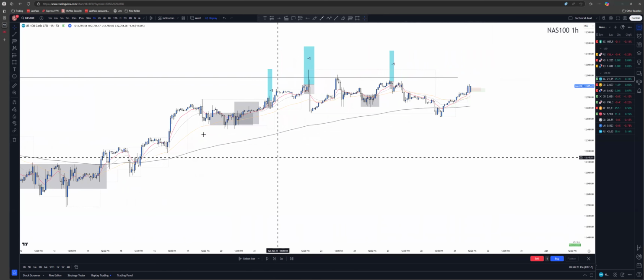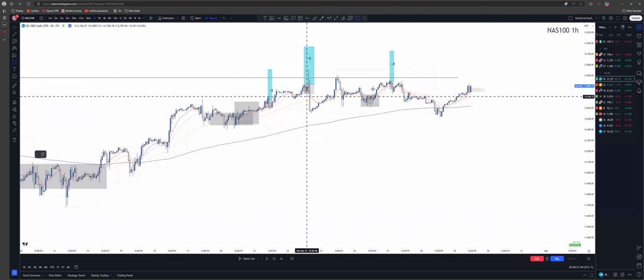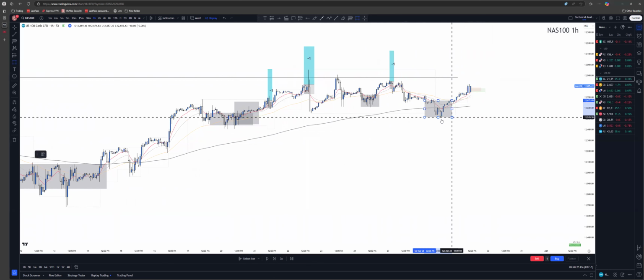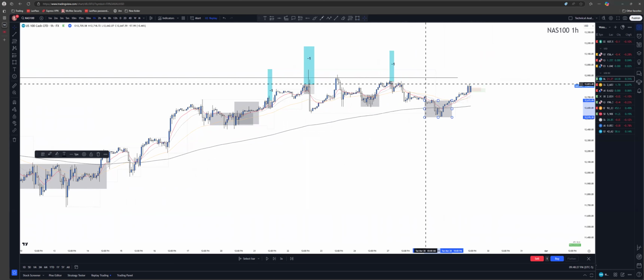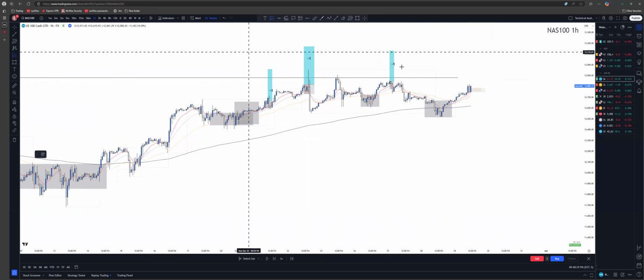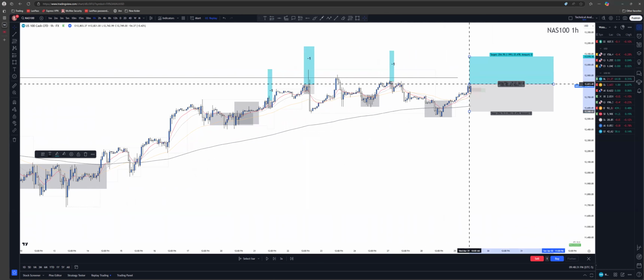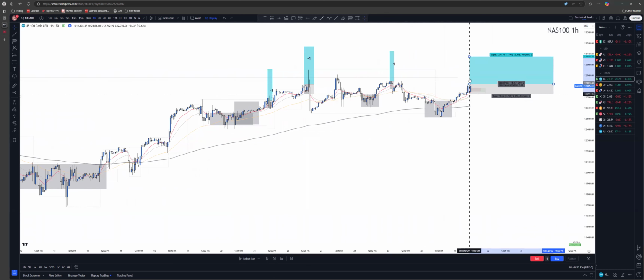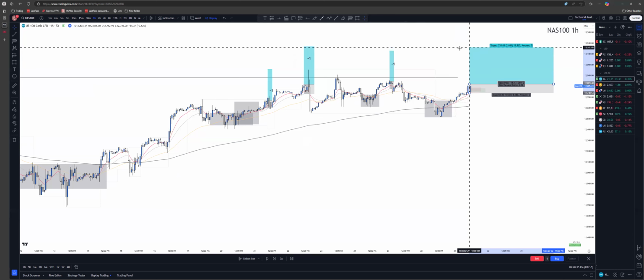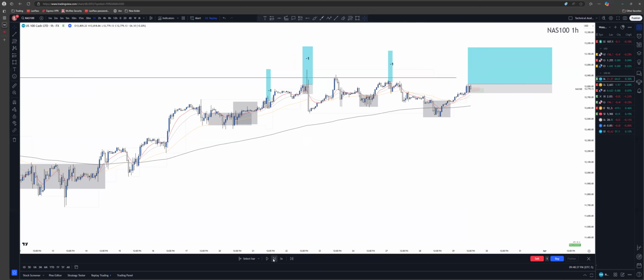Okay, here again. Instead, we went to an accumulation stage one, into a stage two, into another stage one, for our 4 to 1.